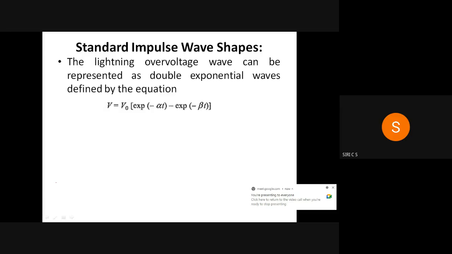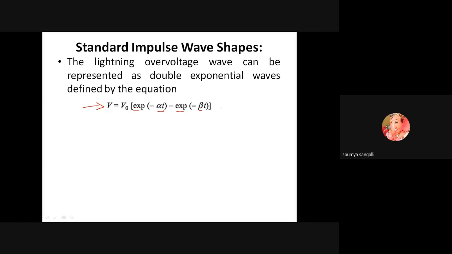Yes, alpha and beta, and that I'll define now. These are your constants, alpha and beta. But for the time being, this was found to be the equation which is having two exponentials. But what is meant by impulse wave, is that understood now?